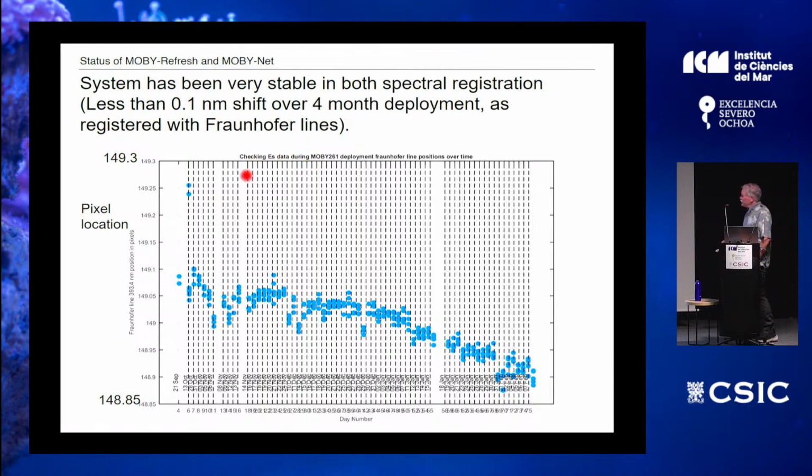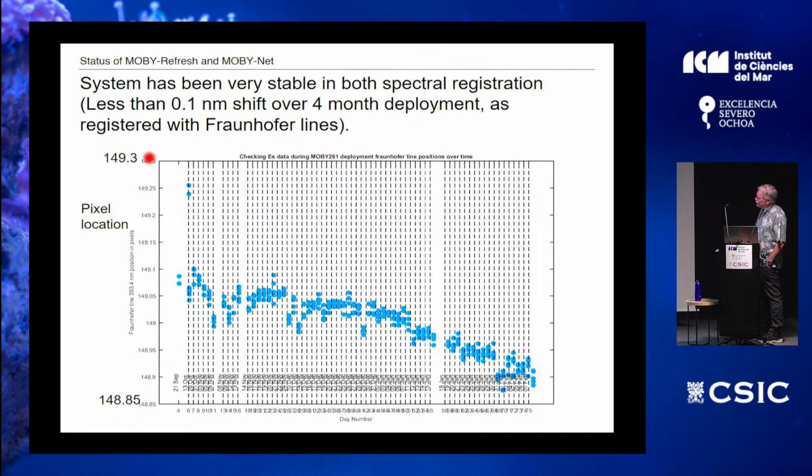The instrument's stable. The new instrument has still about 1 nanometer bandwidth, but has samples every 0.3 of a nanometer. And we look at a solar Fraunhofer line to measure stability.